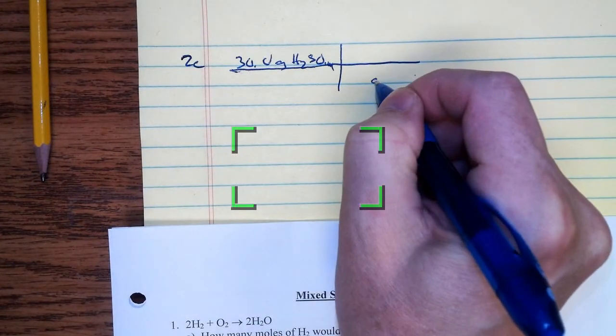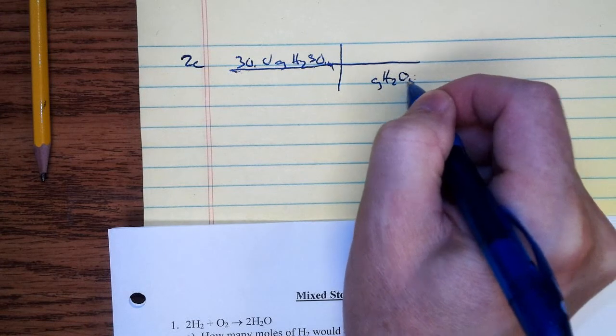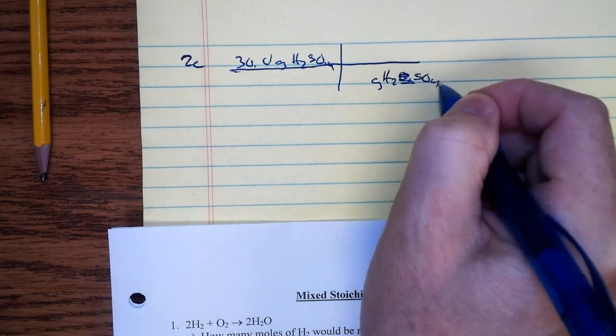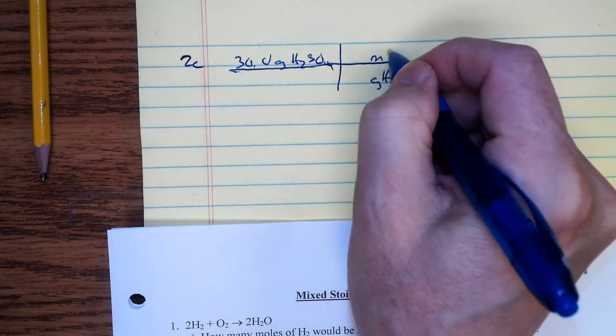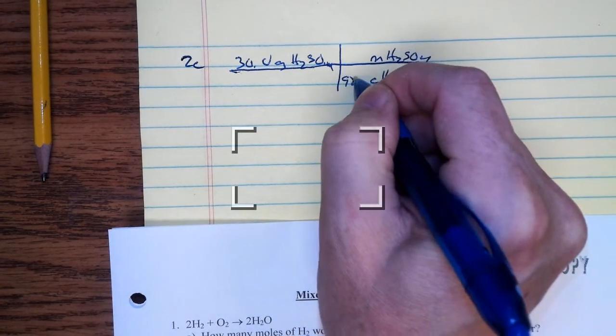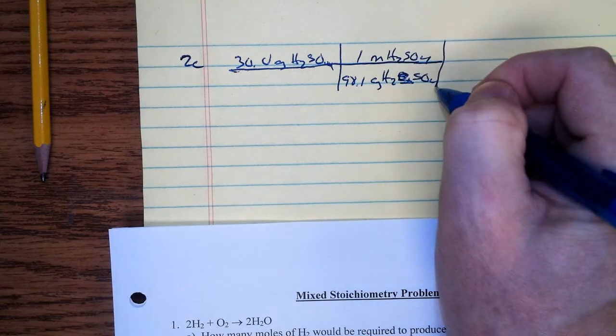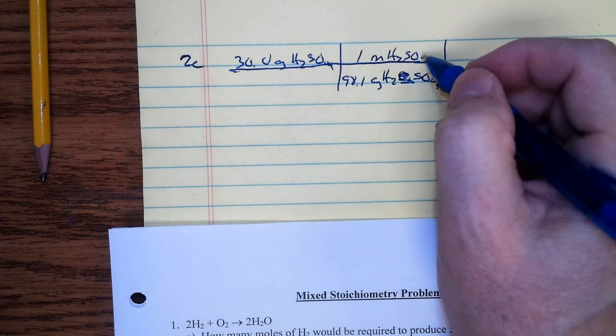Now we're going to have grams of sulfuric acid, H2SO4, going to moles of H2SO4. So we calculate this, 98.1 equal to 1 mole. And now we're in moles of A, H2SO4.